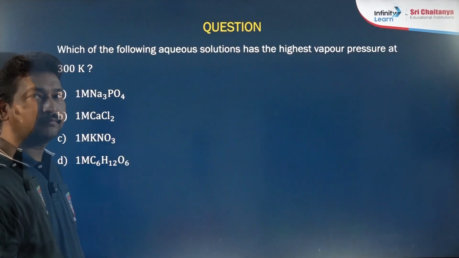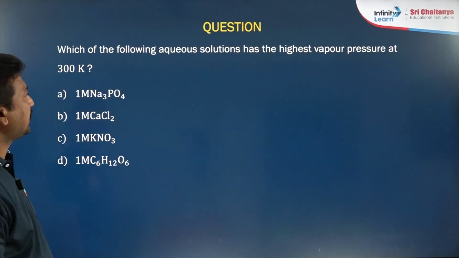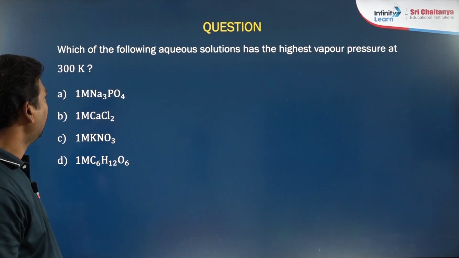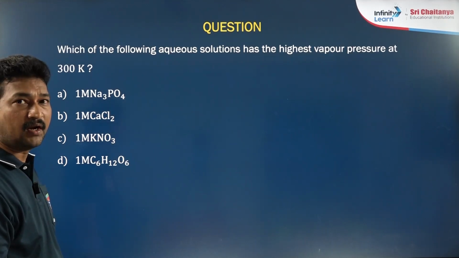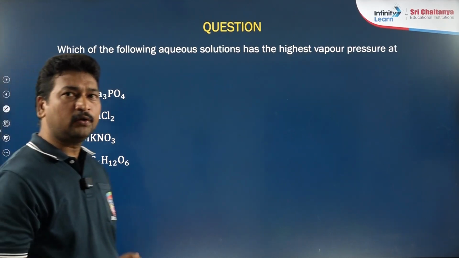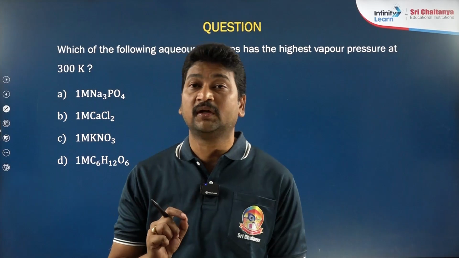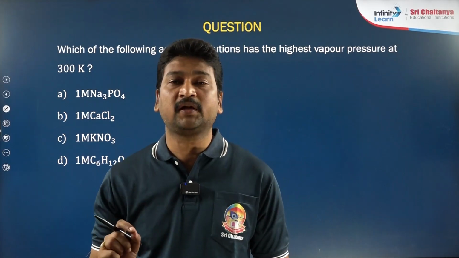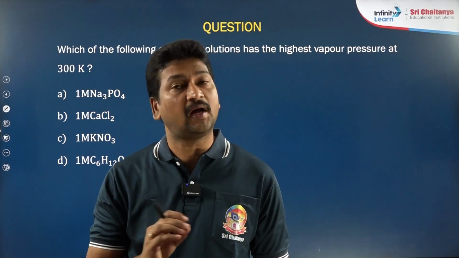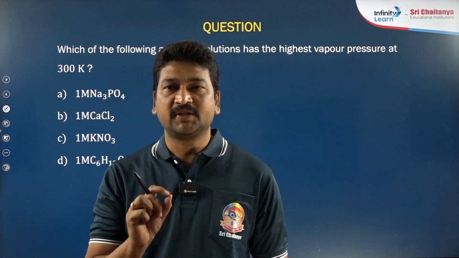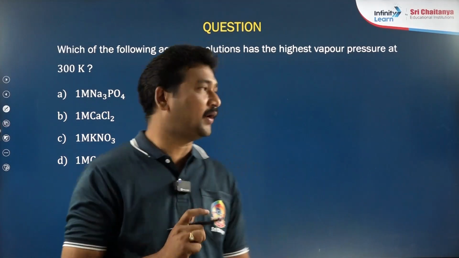Coming to the next one. Which of the following aqueous solutions has the highest vapor pressure at 300 Kelvin? Highest vapor pressure. Told you, my dear students, see freezing point, vapor pressure. I am not saying lowering in vapor pressure or depression in freezing point. Those are the colligative properties. I am saying only vapor pressure or freezing point.